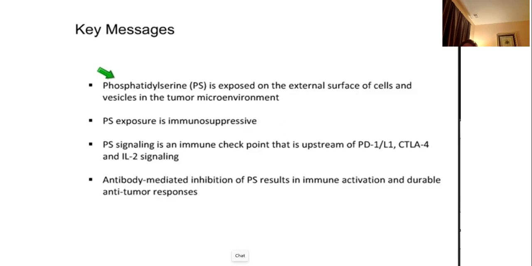And that's why if we block that phosphatidylserine, then when those macrophages eat the tumor cells, they will polarize into M1 and stimulate the polarization of Th1, and that helps to destroy the tumor. So that's what we're going to see in the coming slide.